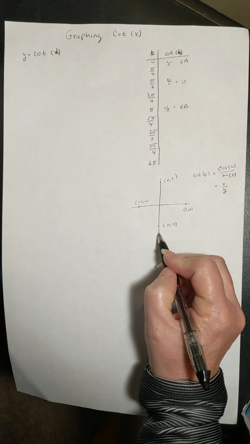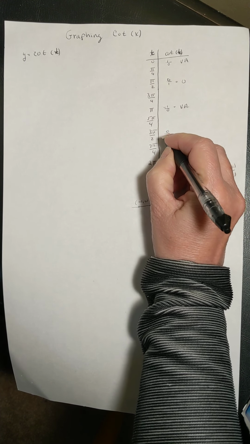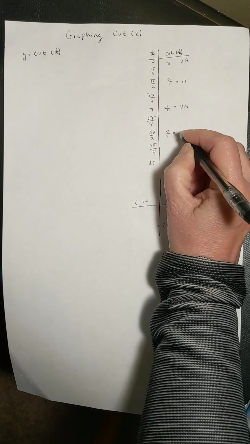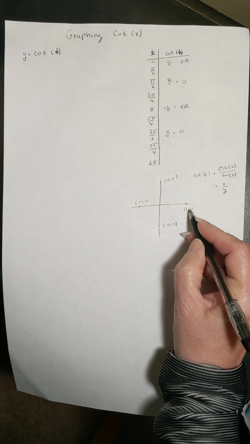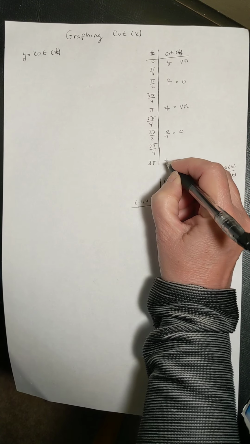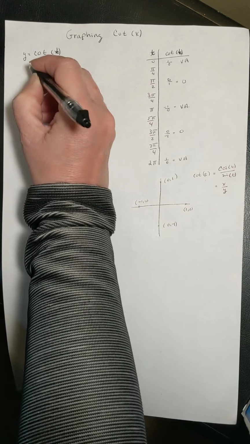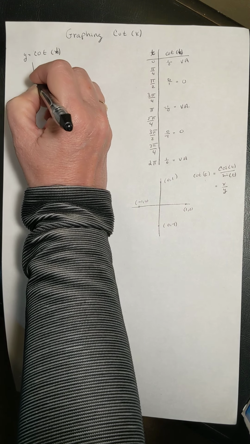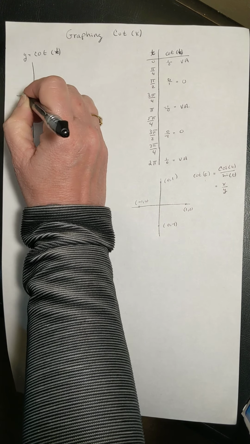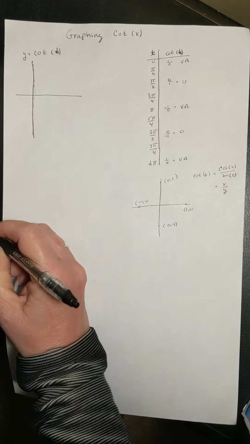which would also be a vertical asymptote. And then at 3 pi over 2, it's 0 over negative 1, which is 0. And then back at 2 pi, of course, it's the same thing as 0: 1 over 0, which gives you a vertical asymptote. And so what we have here, when we draw it, is a vertical asymptote here.